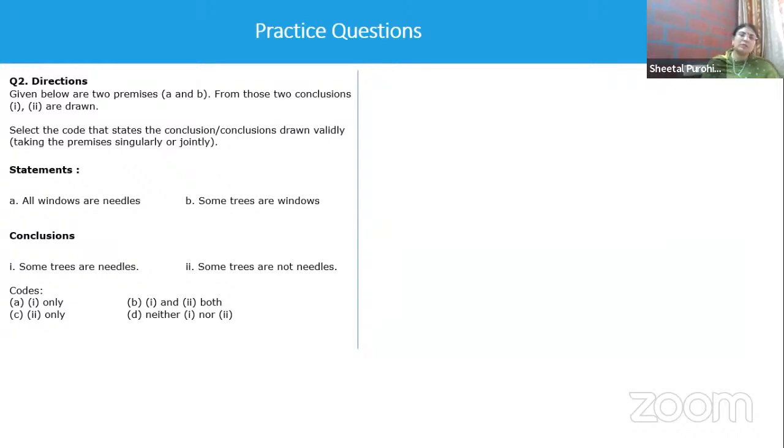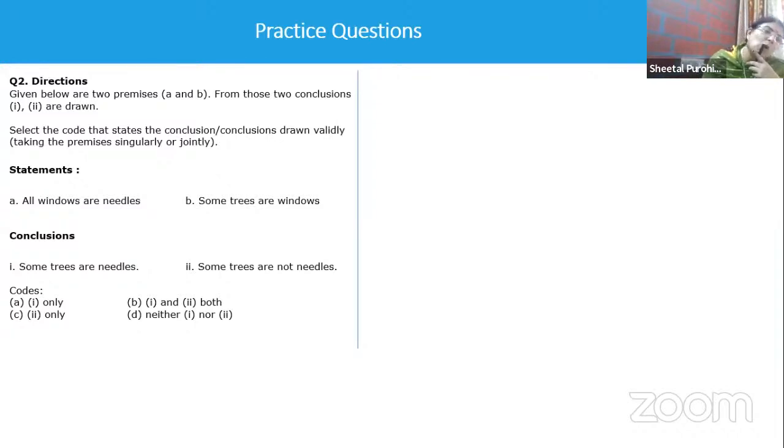When you say statement and conclusion, two premises will be given, like A and B. There are two statements which are given. Premise means the statement, and from those two, conclusions 1 and 2 are drawn. Now you have to select the option that states the conclusion or conclusions drawn validly, taking premises singly or jointly. So you can take them singly as well as jointly, and you see whether the validation is there or not.